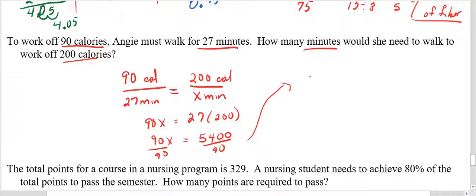So x equals, I can cancel a 0. 540 divided by 9. 9 times 6 is 54, and then I bring that 0 down, so that's going to give me 60. So I'm going to have to walk 60 minutes to burn the 200 calories.